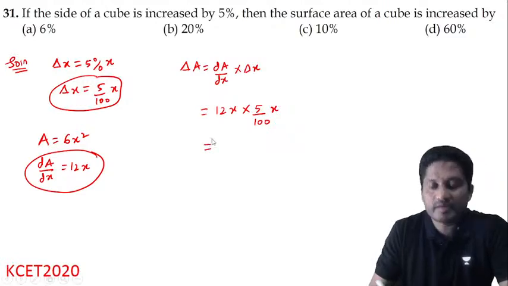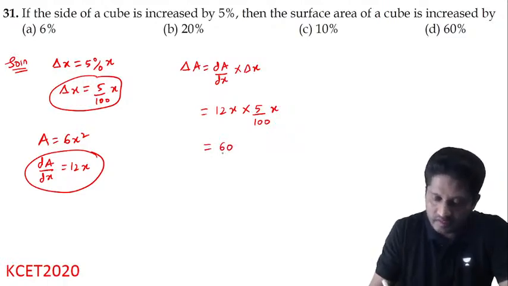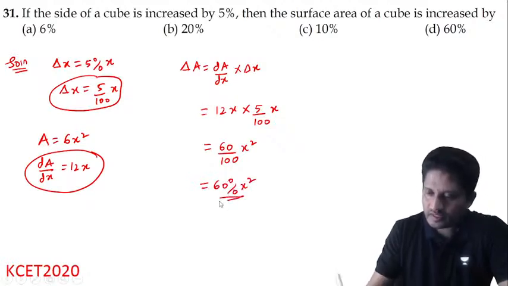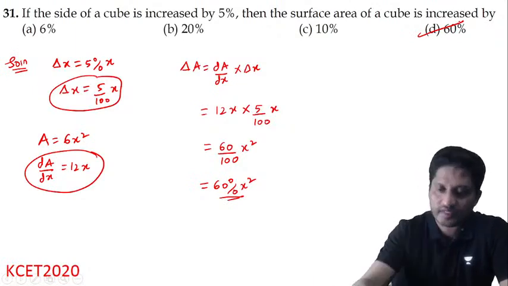So this is 12 into 5 is 60, 60 upon 100 of x square. Right, 60 by 100 will be equal to 60% of x square. Answer is option D. Let's move to the next question.